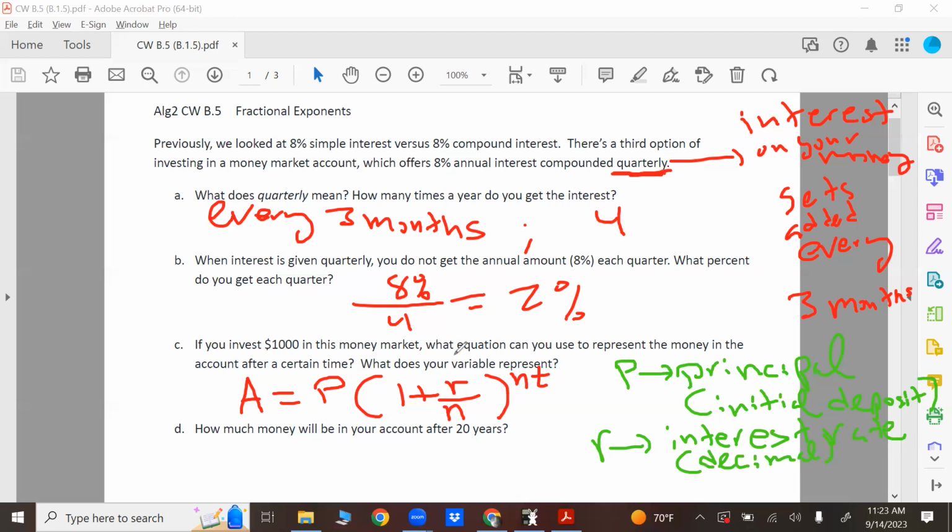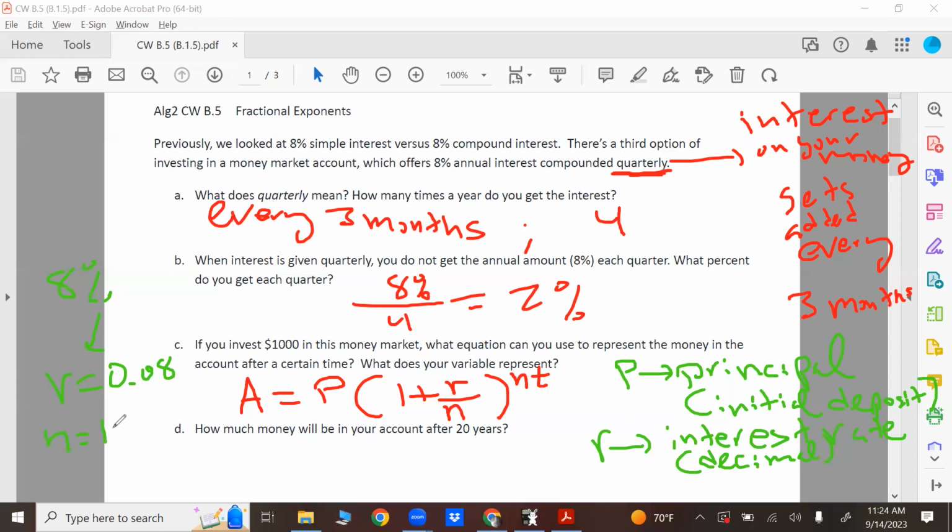So if you have 8% interest, what are you going to put for R? Not 8, but R equals what? 0.08, exactly. But we're going to divide, so hold on to that thought.